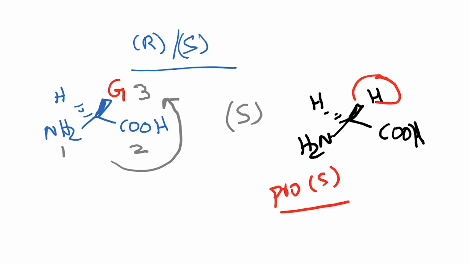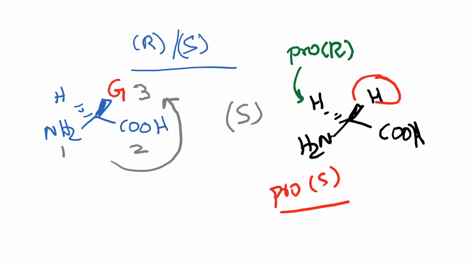The reason is that if I replace that hydrogen with deuterium or another group, it's going to form an S isomer. And as a corollary, if I replace the other hydrogen with deuterium, then I'm going to get R, and so the other hydrogen is going to be called pro-R.